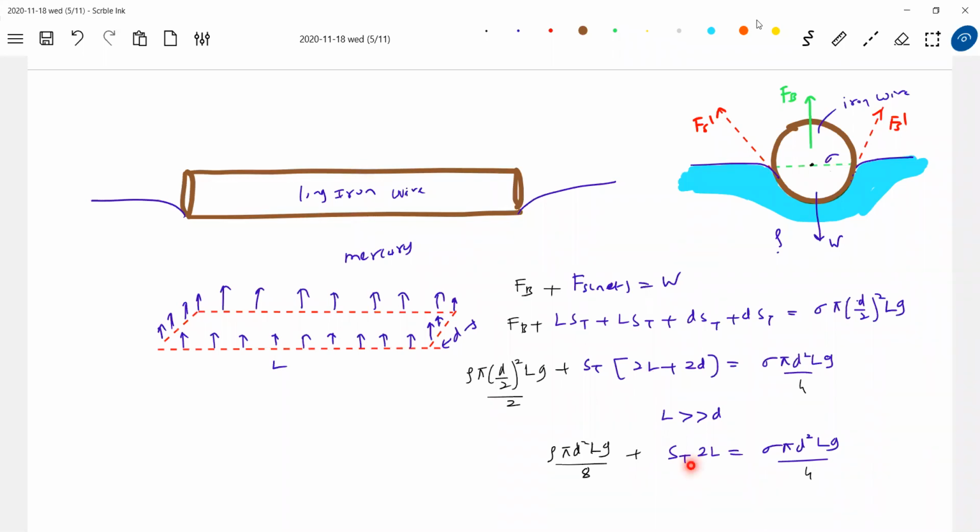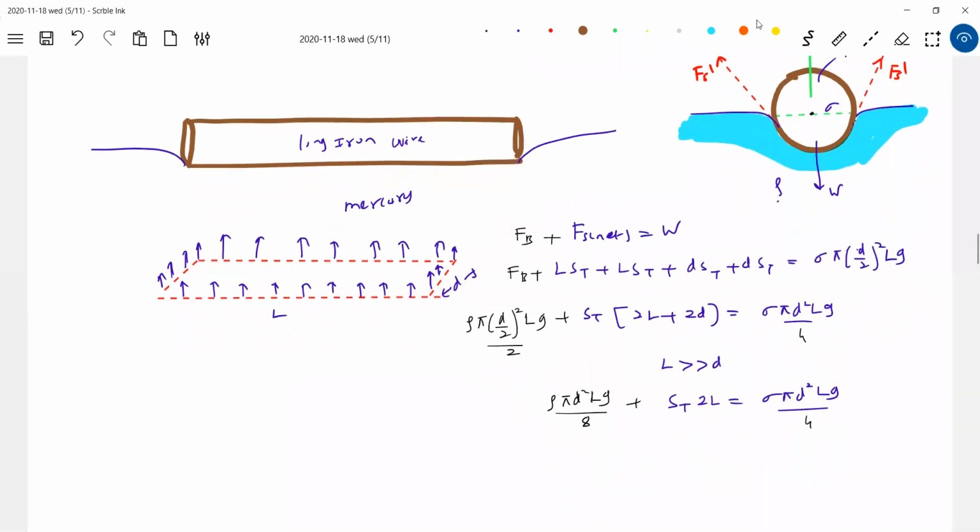Now we'll calculate the diameter D. Expression for diameter D is needed, no? 2STL, L gets eliminated. 2ST is equal to sigma pi g by 4 minus rho pi g by 8 into D square.